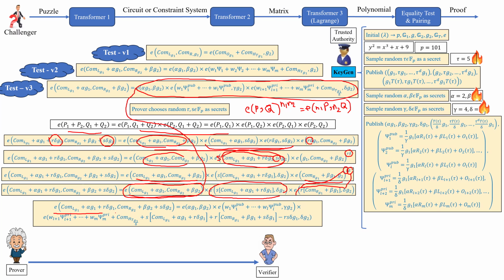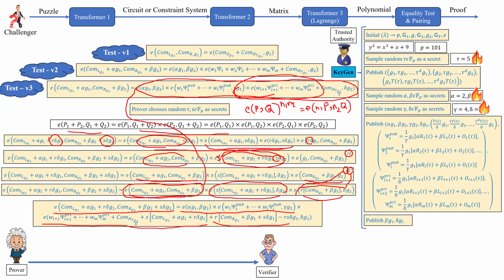So then we say that the pairing of the left side equals the pairing of the right side of test number 3 plus the extra part of the right side. These 2 values also should be combined with this part of the pairing in test number 3. Okay, now this is test version 4.